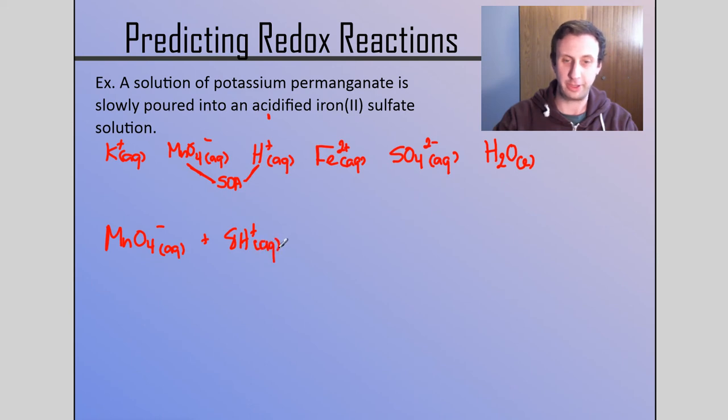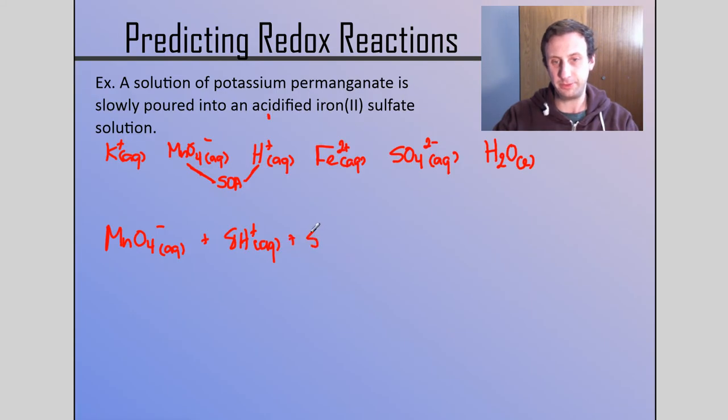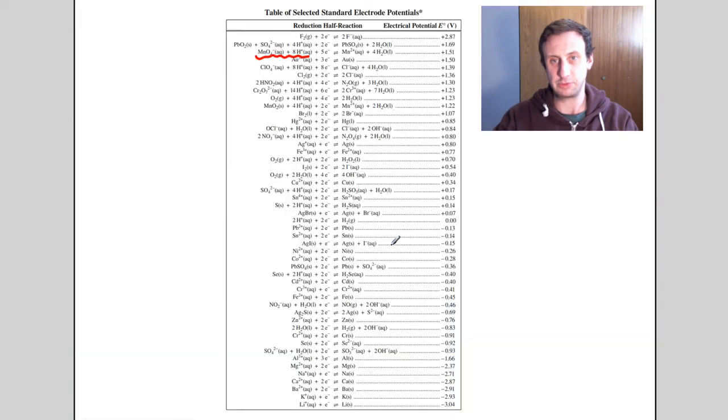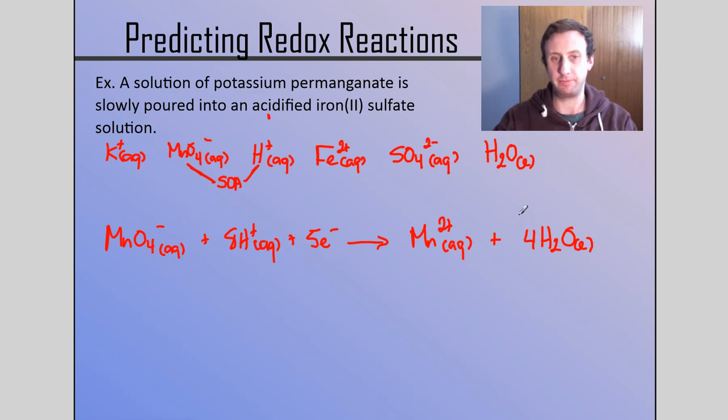Okay. Plus 5 electrons. Makes Mn2 positive aqueous and 4 H2Os liquid. Okay, got that. Got my SOA, and now I've got my reduction half reaction.